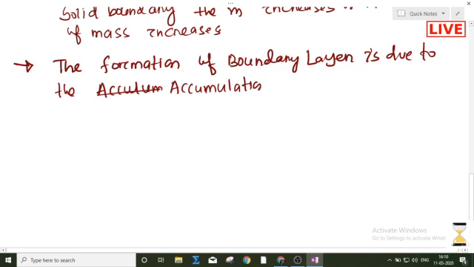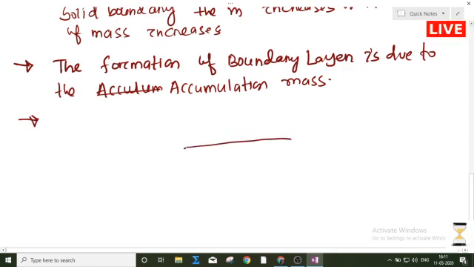Okay, fine. Now what will happen? As the mass is entering into the boundary layer from outside, I already told you there will be some reduction in mass.